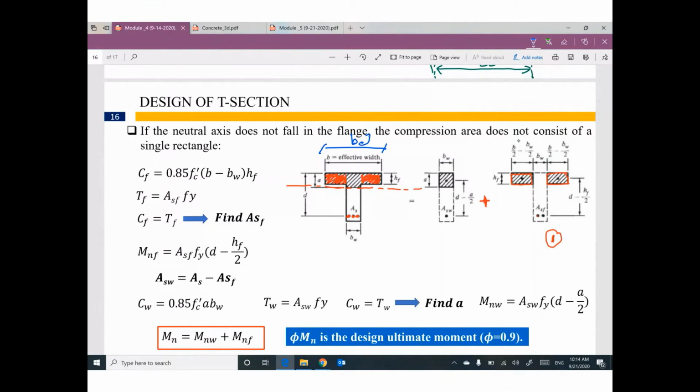And this width, I can figure it out, can be assumed or it's given. So this width plus this width, I can figure it out, will be B effective minus B web. If you subtract B effective, the total width, minus this width, the web width, I can figure out this one plus this one.